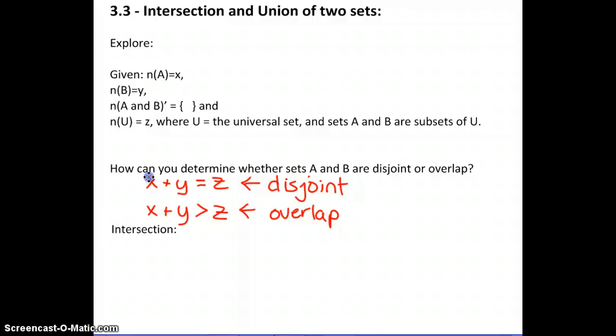Then we have a definition, intersection. The intersection is the set of elements that are common in two or more sets.